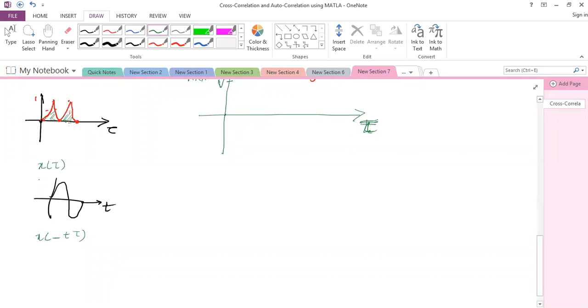So this time corresponds to half cycle shift. Then how will the signal look?